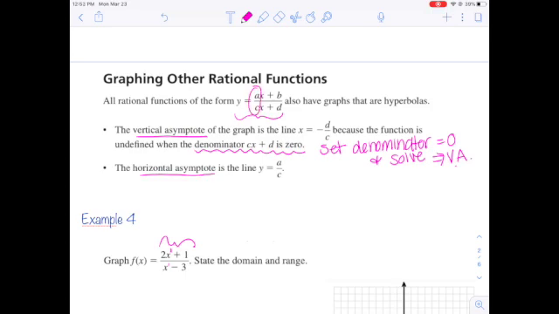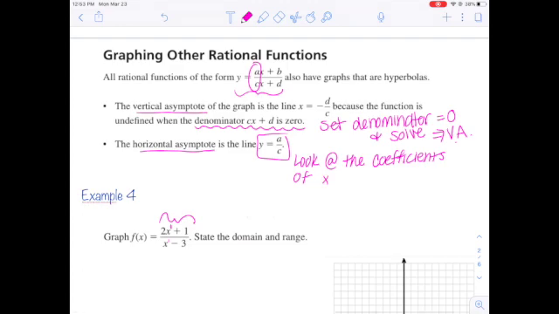You'll see that it's a divided by c. And if you wanted to write it in the equation of a line, it would look like y equals a over c. So I would say look at the coefficients of your x values, or x terms.